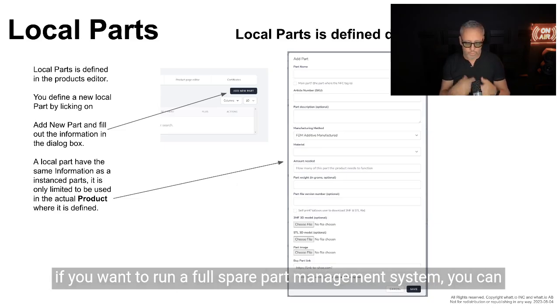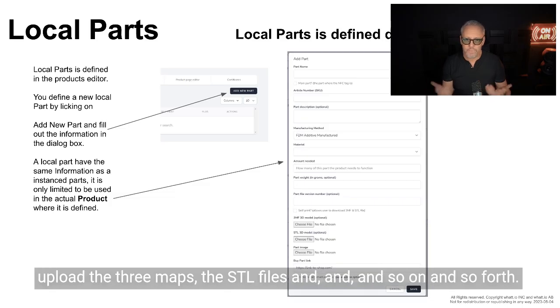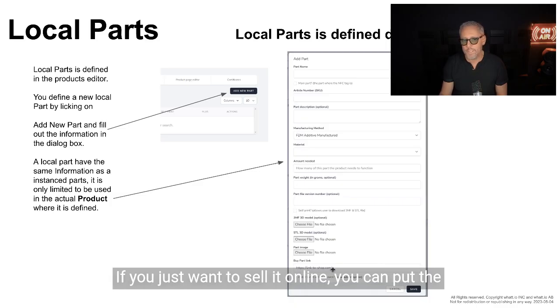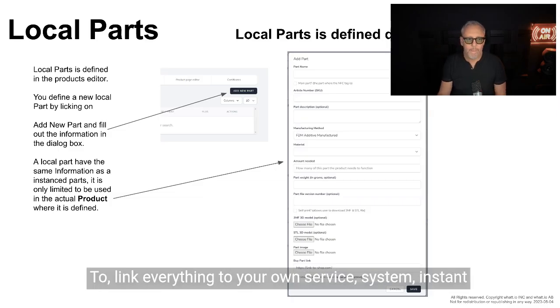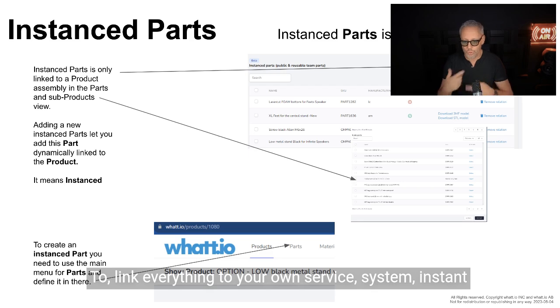If you want to run a full spare part management system, you can upload the 3MFs, the STL files, and so forth. If you just want to sell it online, you can put the buy part link, and you have the ability to link everything to your own service system.